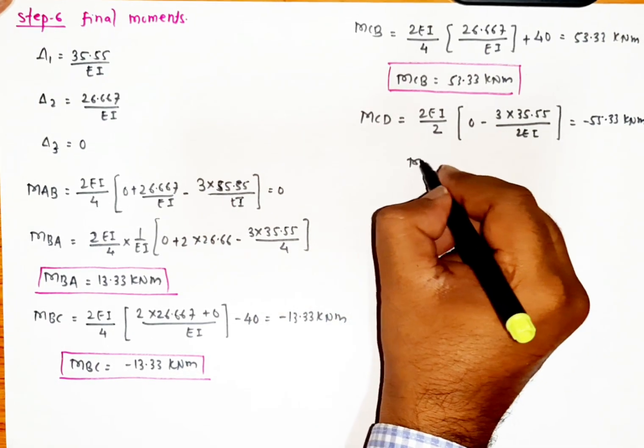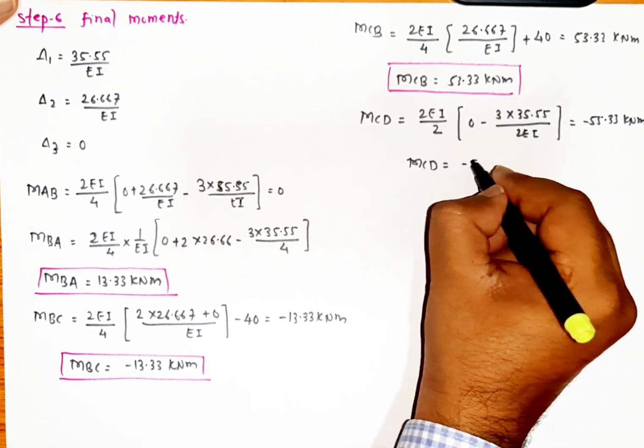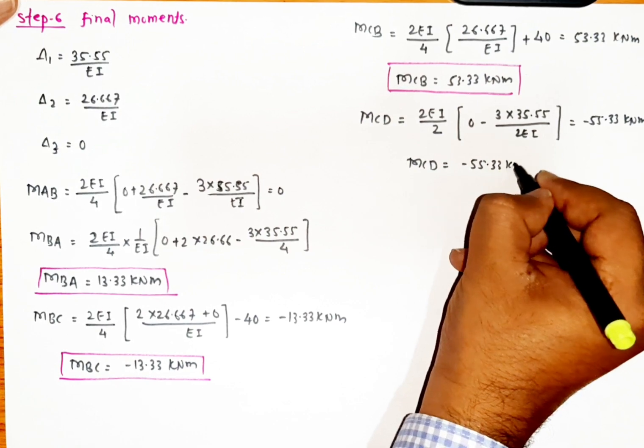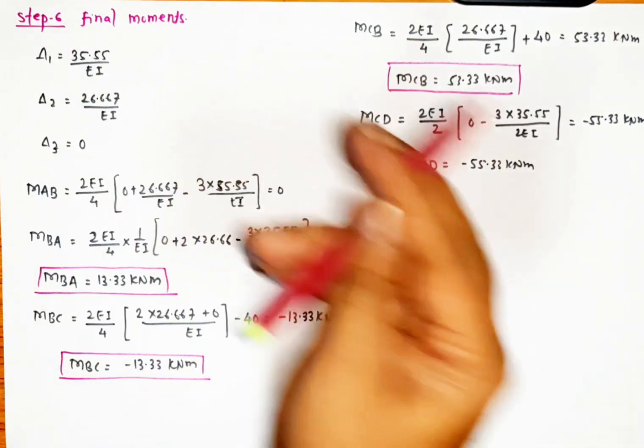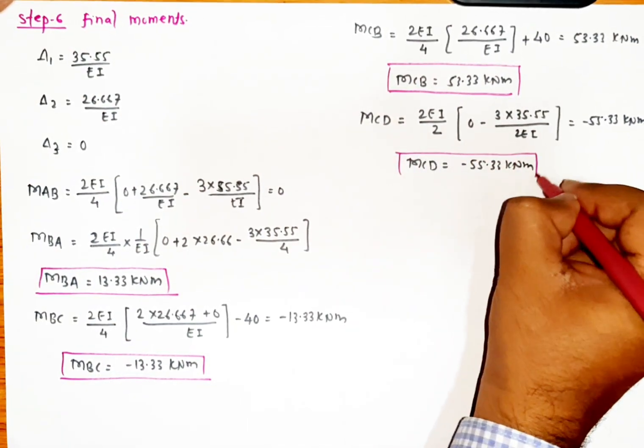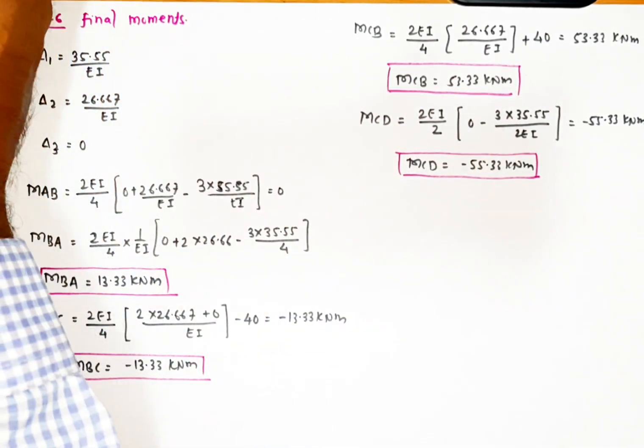Therefore MCD is equal to minus 53.33 kilonewton meter, and the last value will be MDC.